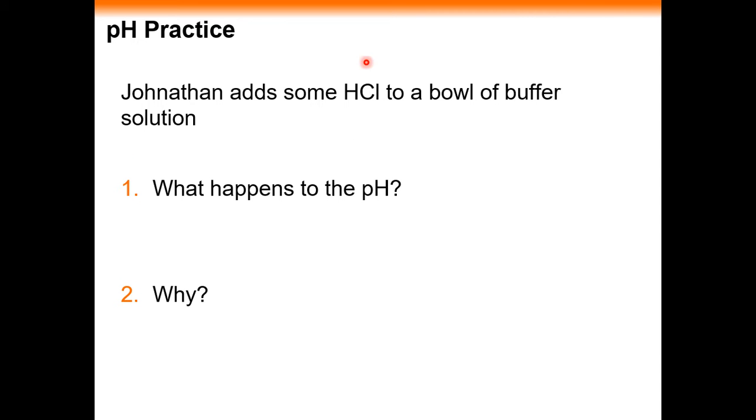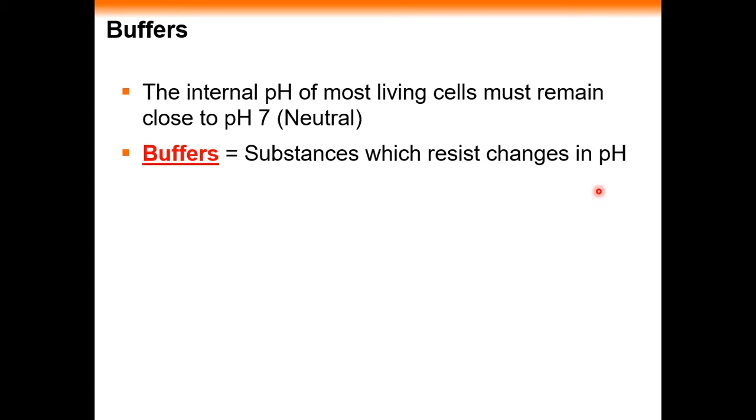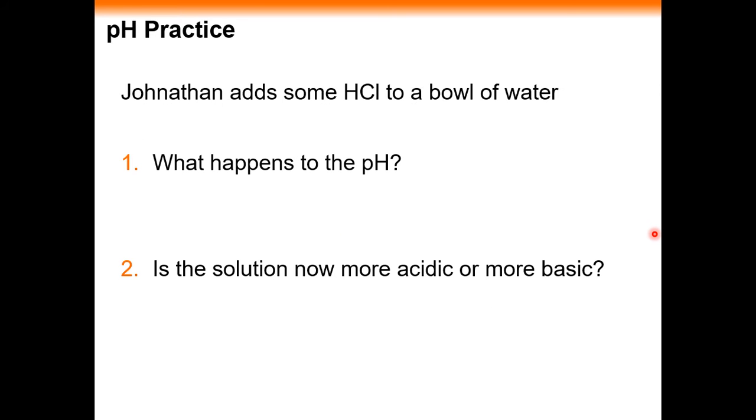Now, good old Jonathan here does something a little different this time. He adds some hydrochloric acid to a bowl of buffer. What's going to happen to the pH? Well, you're adding an acid. You would think the pH is going to go down. That's not the case because it's a buffer. You have to go back to what buffers mean. What does it mean to be a buffer? A buffer resists the change in pH.